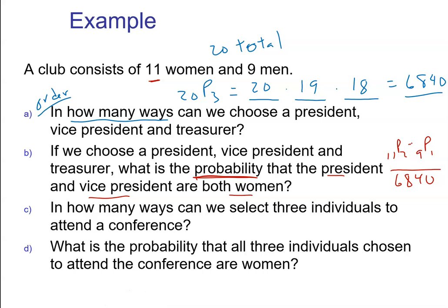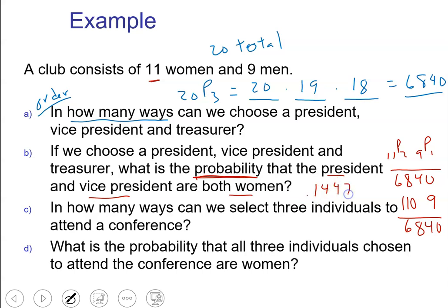Calculating, 11P2 is 110, and 9P1 is 9, over 6,840. When I calculated that, I got 0.1447.